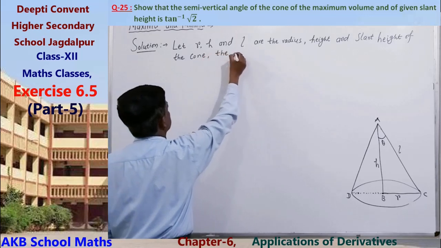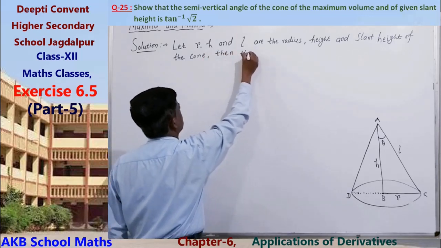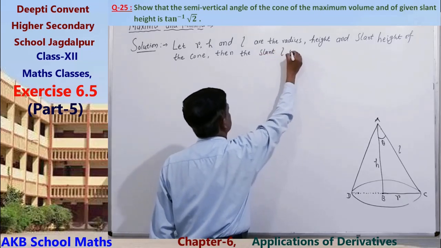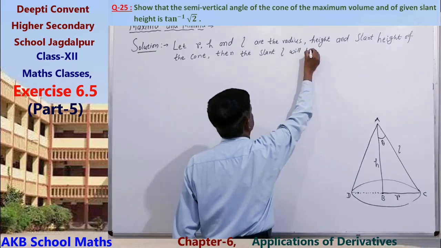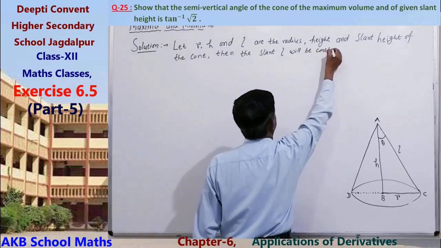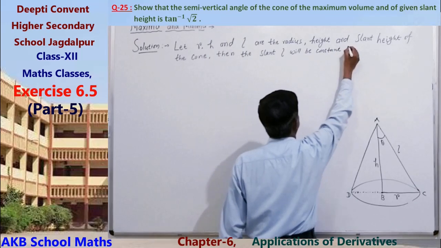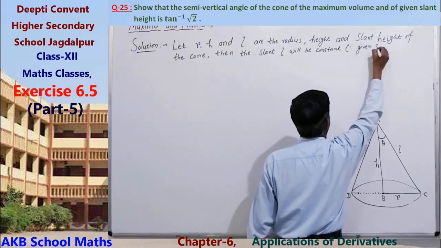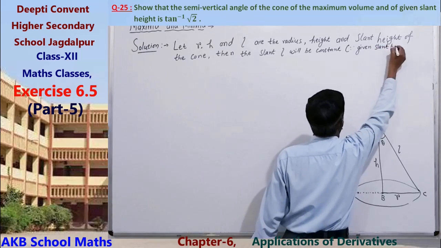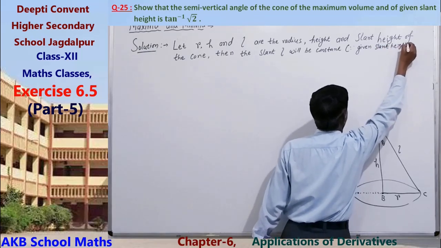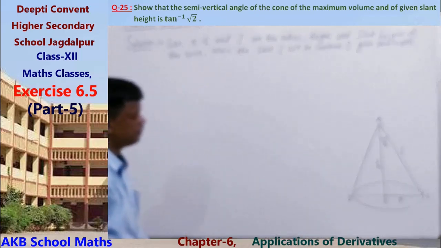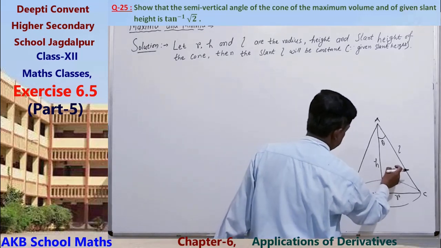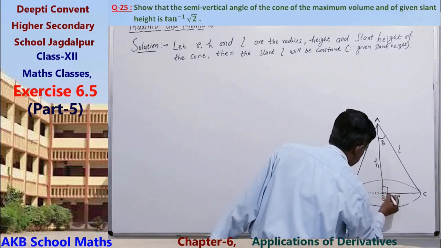Then the slant height L will be constant, since it is a given slant height. Okay. From here, this will be 90 degree.